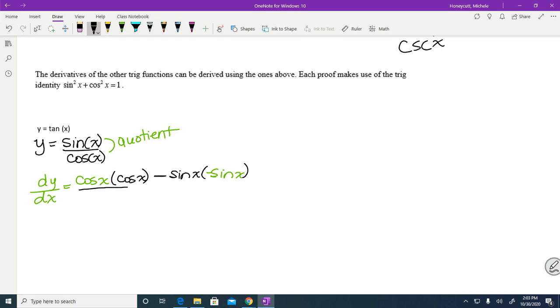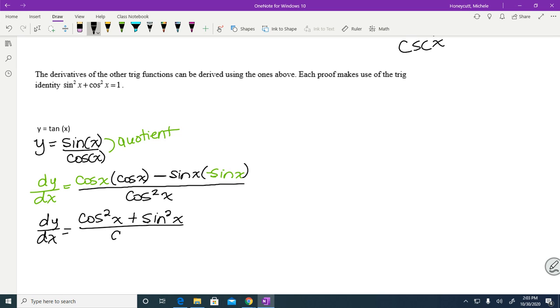All over the low low squared, or all over cosine squared. Now, if I combine this, cosine times cosine is cosine squared. Negative sine times negative sine is positive sine squared. All over cosine squared.